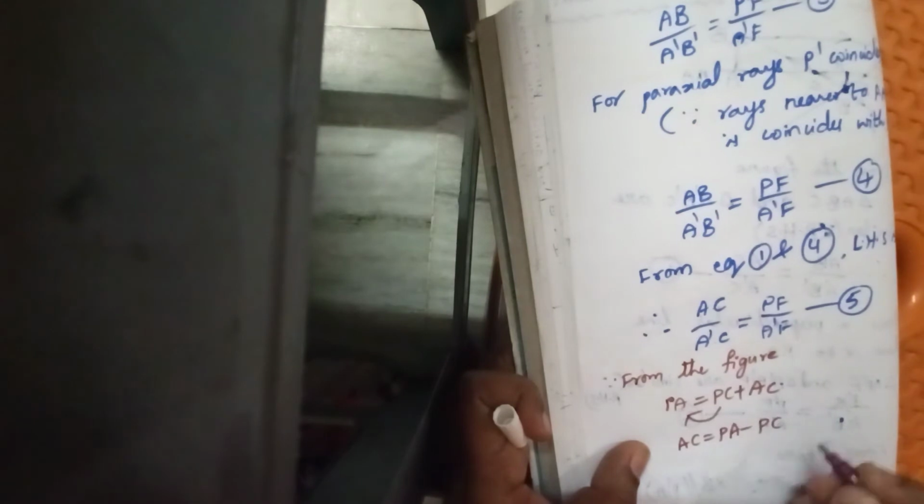So from this, transpose PC to LHS. So AC is equals to PA minus PC. Put this one as equation number 1.